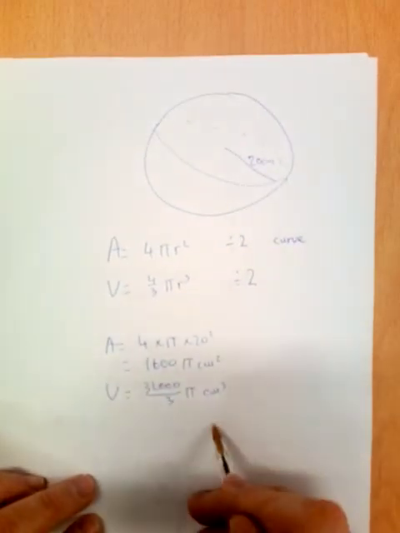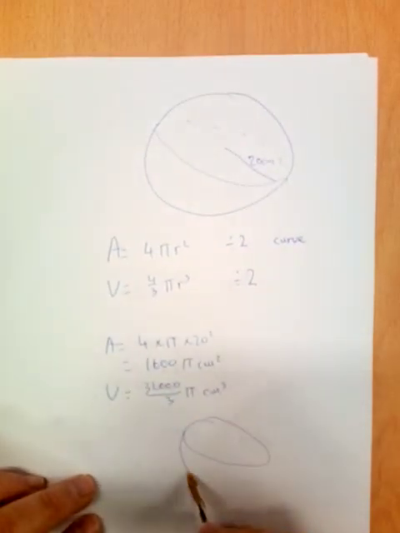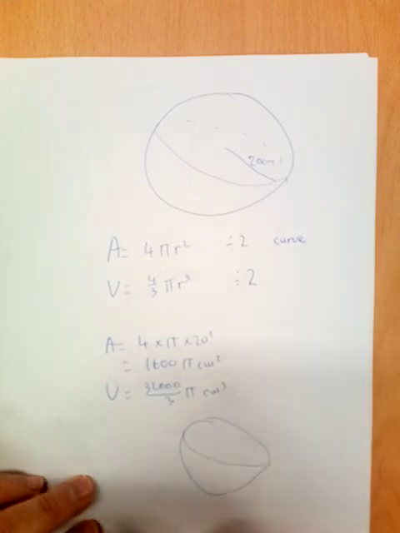So watch. If it's a hemisphere, the volume is very simple. It's just half the answer of a normal volume. So the volume of a hemisphere is just going to be 4 over 3 pi r cubed, and just divide the answer by 2. Literally, that's it.